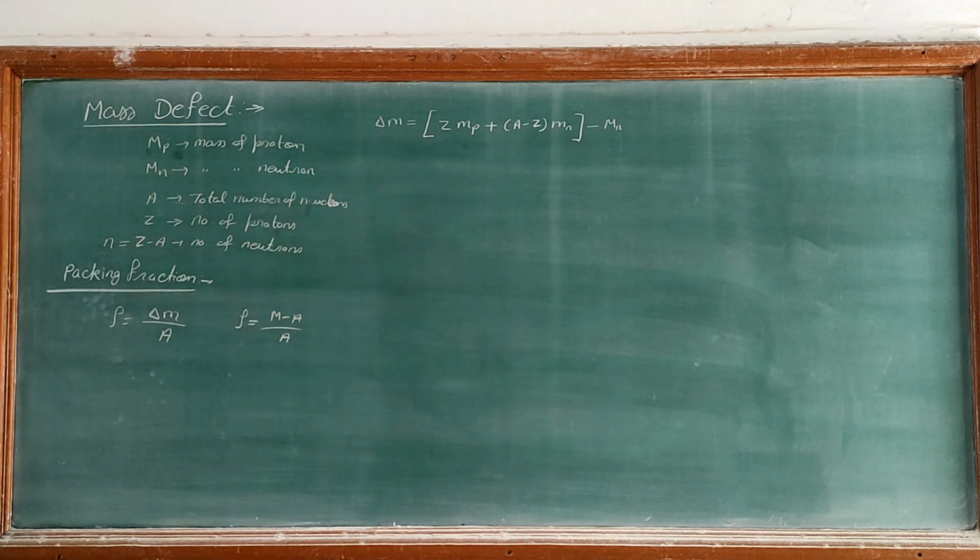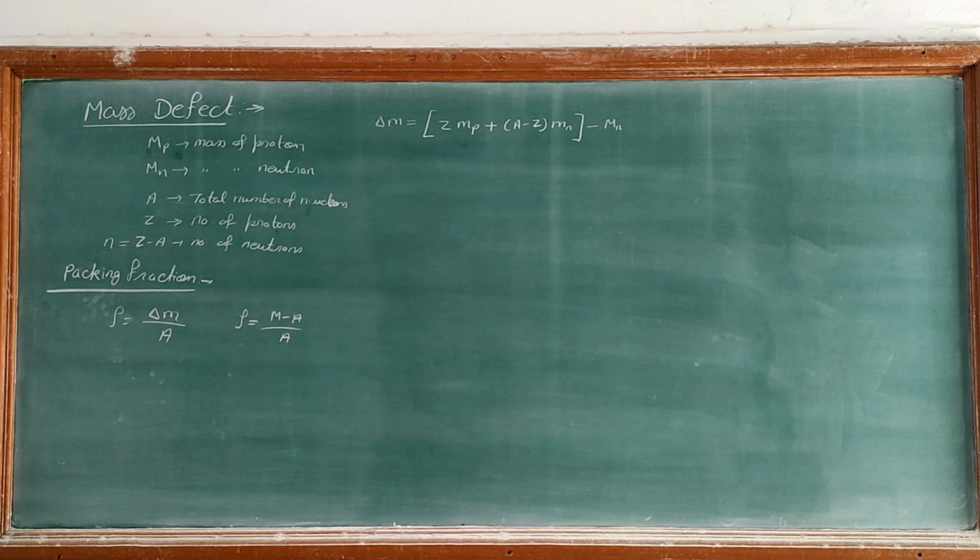So this capital M represents the actual mass of an element in atomic mass unit, and A is the mass number, that is the number of protons and neutrons in the nucleus. So this is the packing fraction. It comes into picture from the fact that the atomic masses are considered to be whole numbers, yet they differ from the integer by some small amount.